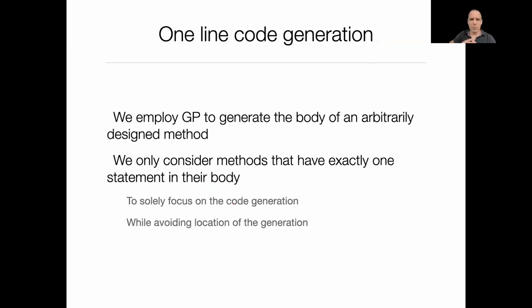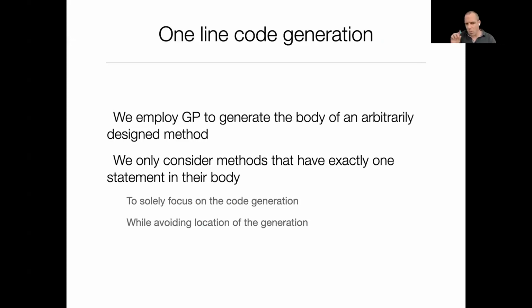Furthermore, we focus on generating one line of code, so we use genetic programming to generate the body of an arbitrary method. We have one application, and in that application we pick one method that has one statement in it.